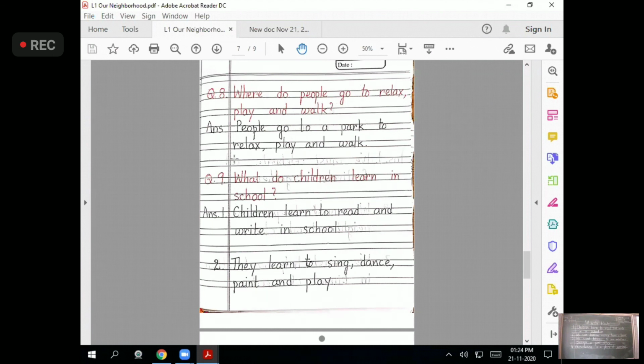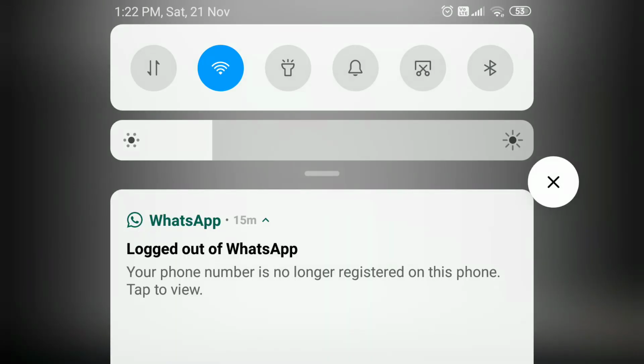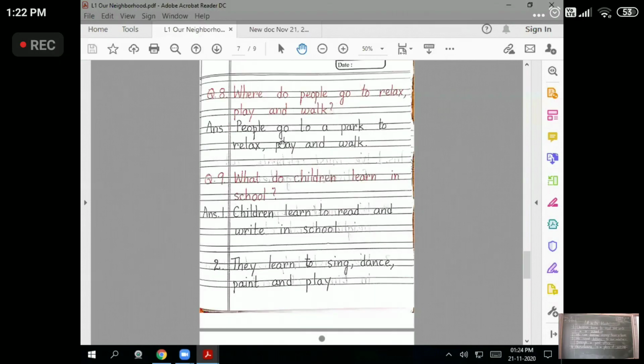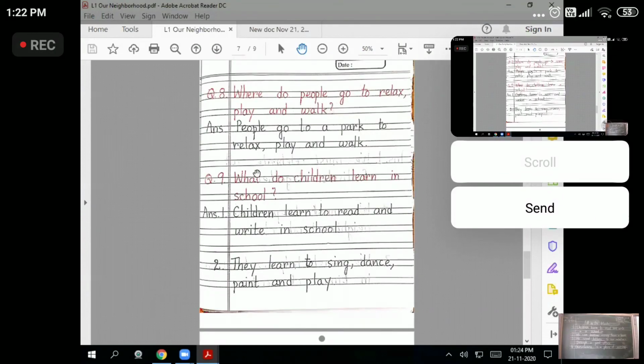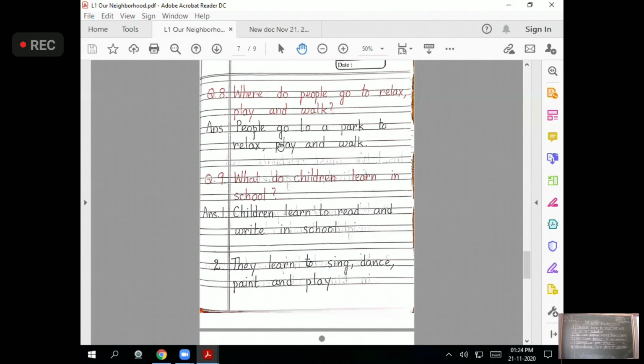Next page you have two. Why? Because eighth one is eighth question and answer. Okay. Eighth answer is very short. So ninth also I have written. So if possible, make your child write both on this page. Eighth question and answer and ninth question and answer.